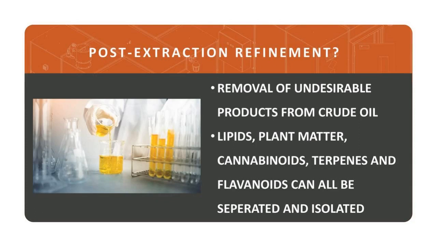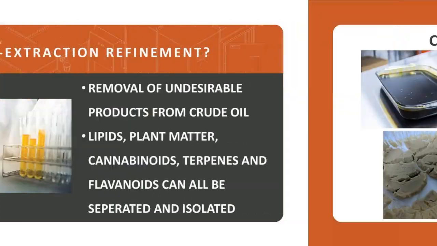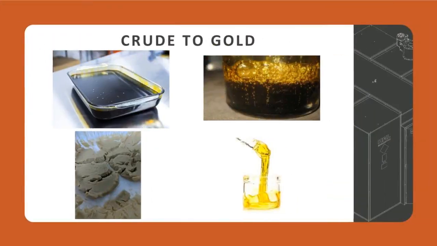So to continue on that premise, I like to think of post extraction refinement as really enabling you to be almost like an alchemist of old, or of lore, where you're taking something that might be undesirable, trim, biomass, and then through these chemical processes, you are able to achieve a highly desirable end product.